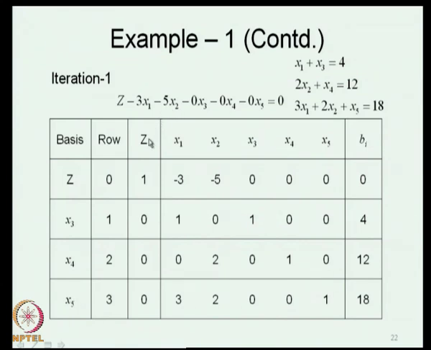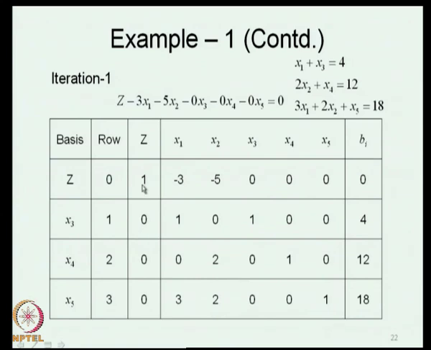Then we have how many rows? 4 rows, 1 corresponding to z and 3 corresponding to each of the equations. So, for z we nomenclate as row 0, and row 1 corresponding to this, row 2 corresponding to this, and row 3 corresponding to this. So, you have row 0, 1, 2 and 3. Then we write the coefficients of z in each of these rows.